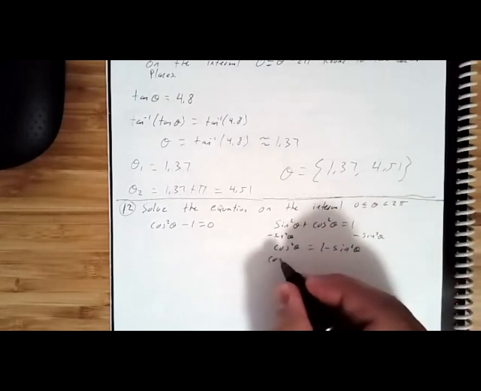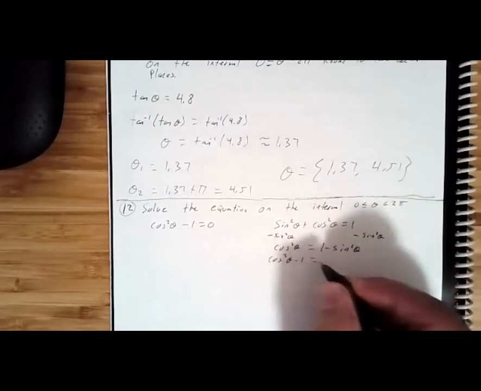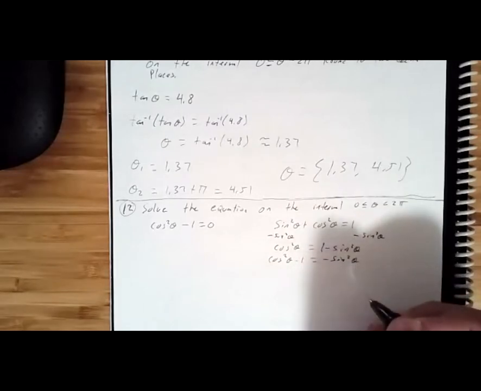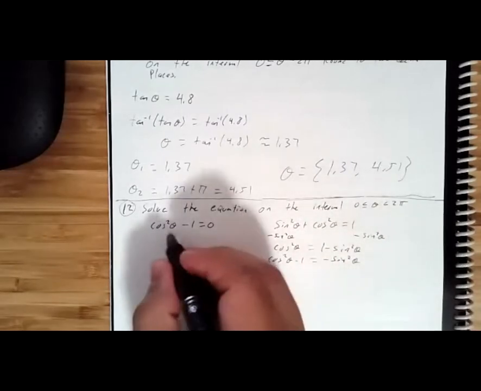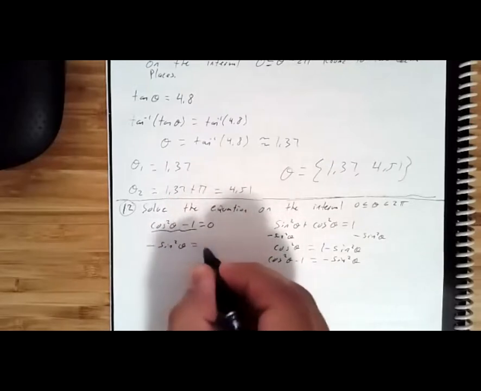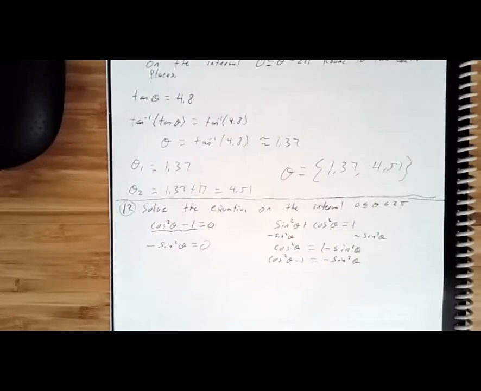So cosine squared theta minus 1 is equal to negative sine squared theta. So this is actually negative sine squared theta.